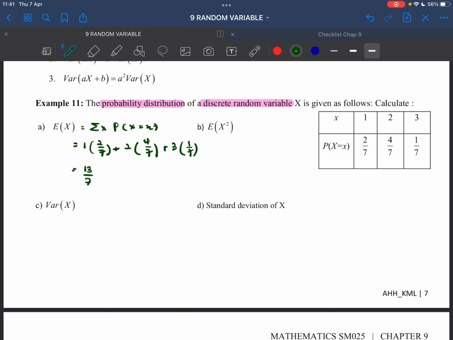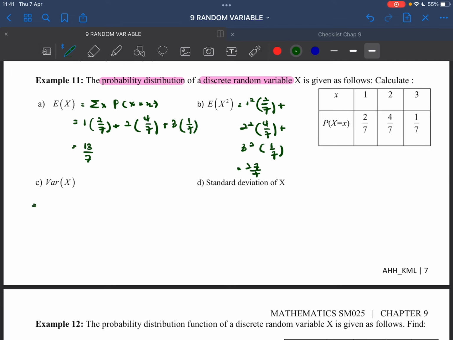And E(X squared), as usual, is the summation of x squared multiplied by P(X equals x). So we have 1 times 2 over 7 plus 2 squared times 4 over 7 plus 3 squared times 1 over 7, which gives the answer 27 over 7. Then we have the variance, where we use the formula that we just learned: E(X squared) minus (EX) squared. E(X squared) is from question B, 27 over 7.